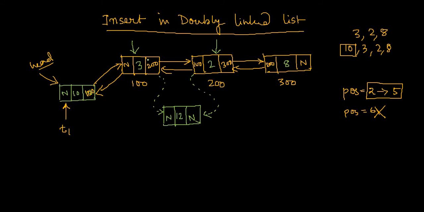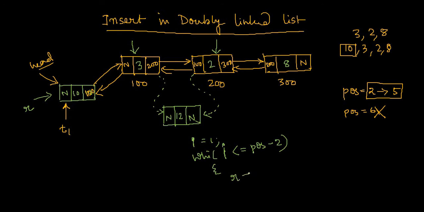We have seen already in the previous lecture that you can easily write a logic: you can start with I equal to 1, and write while I less than equal to pos minus 2, you will just traverse with a pointer, say for example R. R was initially pointing here.